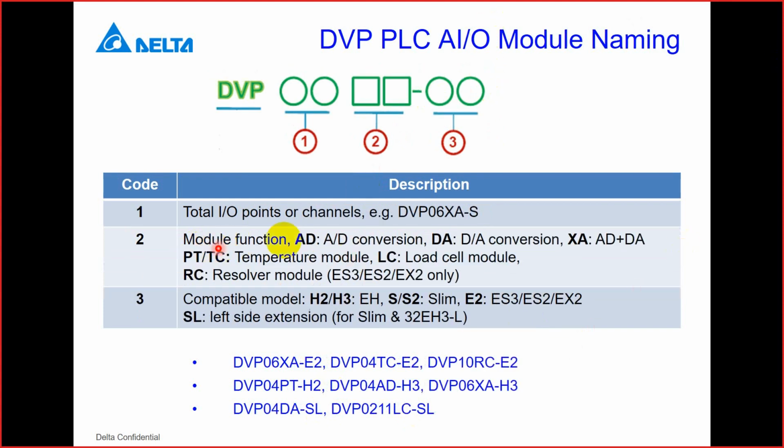And for DVP, I think this one already mentioned analog input, AD, analog output, DA, and XM is 4-channel input, 2-channel output. Then we have the temperature sensor, PT, TC or NTC, and also the load cell module.